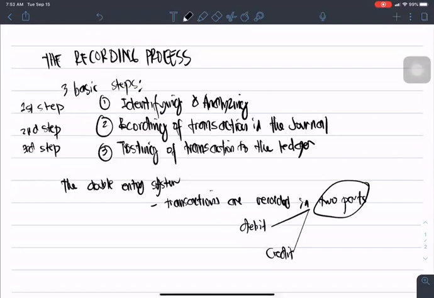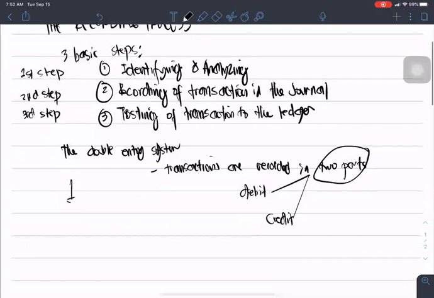and credit. Now, under a double entry system, it follows these two concepts. So what are the two concepts regarding double entry system? The first concept is the concept of duality. So what is this duality? This duality pertains that each transaction has a twofold effect.